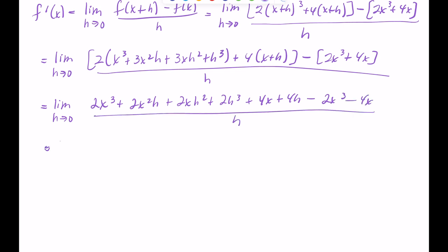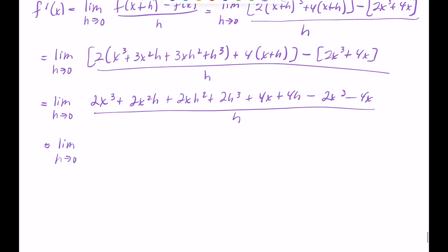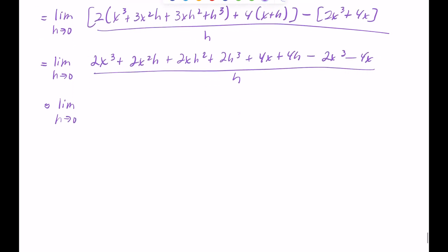Okay, and we got to clean this up even more. So let's see, we've got a 2x cubed and another 2x cubed. Those are going to go away. We've got 2x squared h. Oh, that should be 6x squared h, because it was 2 times 3. So I still don't see any other x squared h's.